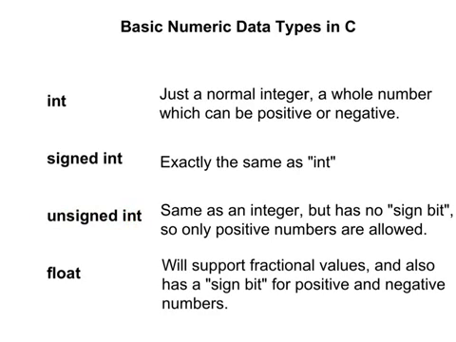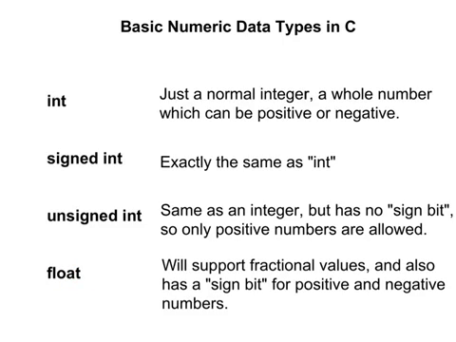An unsigned int means that you don't have a sign bit, and therefore you can only represent positive numbers. And float will support fractional numbers and also has a sign bit, so it can be positive or negative. So if you needed to store a value like 7.31, you would use a float.